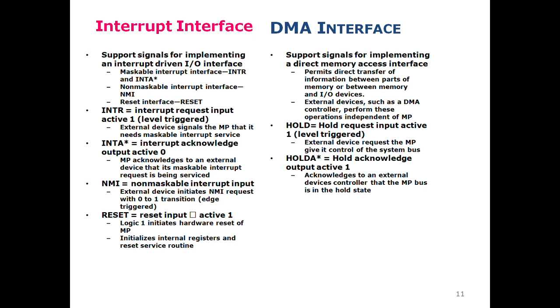It allows direct transfer of information between different locations of the memory, or between memory and input and output devices. So in the DMA mechanism, input and output devices and memory can share data with each other without passing the data through the microprocessor. External devices such as a DMA controller perform these operations independent of the microprocessor.